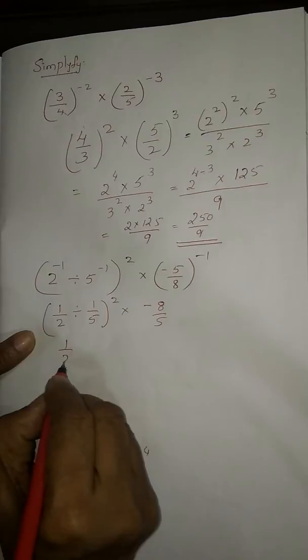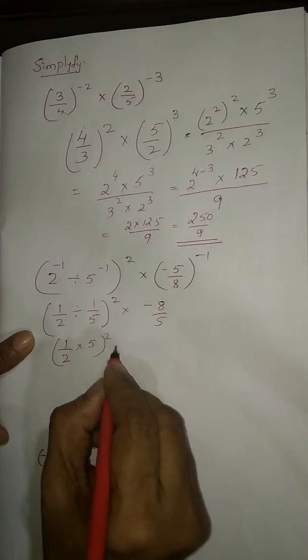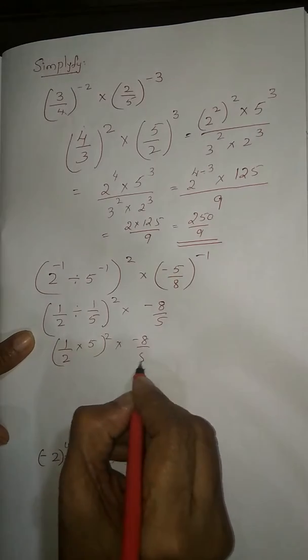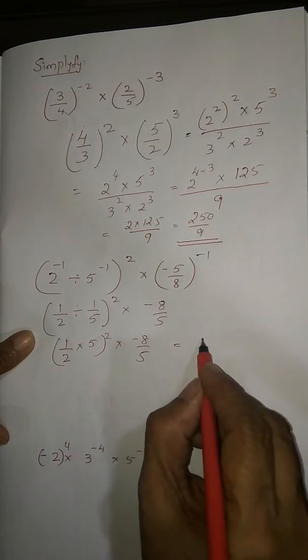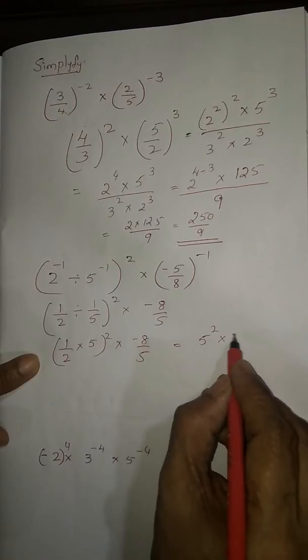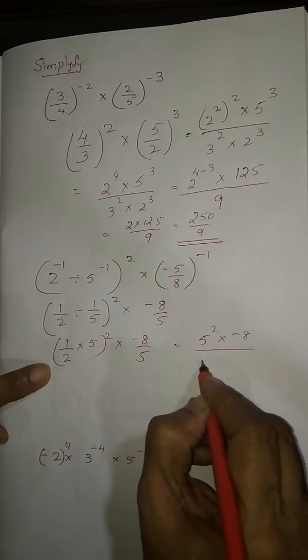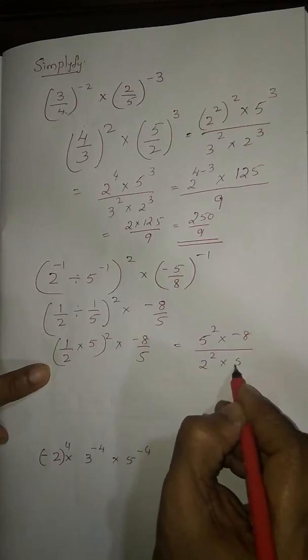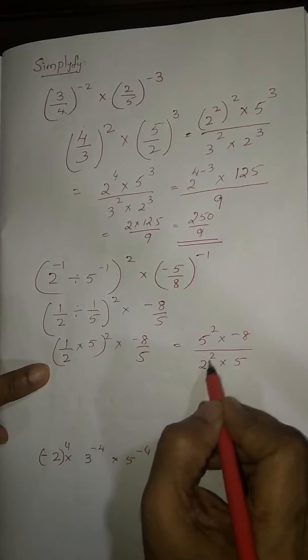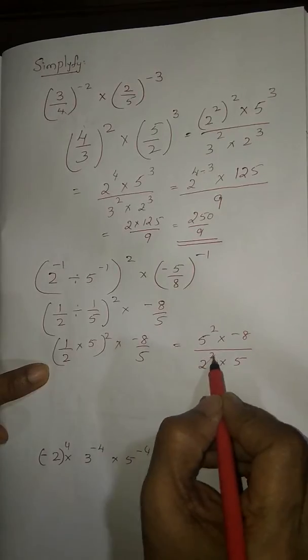So this is 1 by 2 into 5 whole squared into minus 8 by 5. So this is equal to 5 squared into minus 8 by 2 squared into 5. So 2 squared is 4.